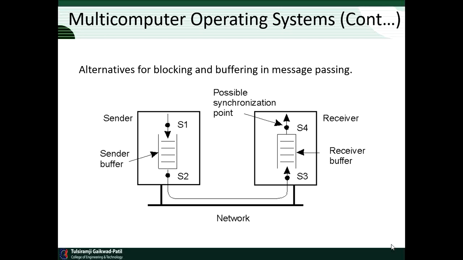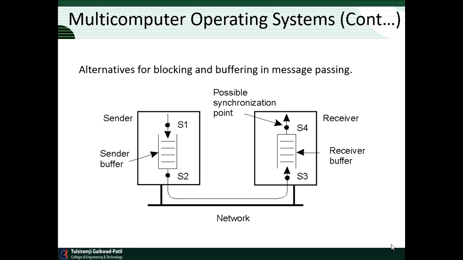Then it will go to the sender buffer. From the sender buffer it will go to the network, and the synchronization of the message from the sender buffer is given by S2, and then it will reach the network. It will pass through the network, and through that network it is received at the buffer of the receiver side, and this is represented by S3 when it enters the receiver's buffer.